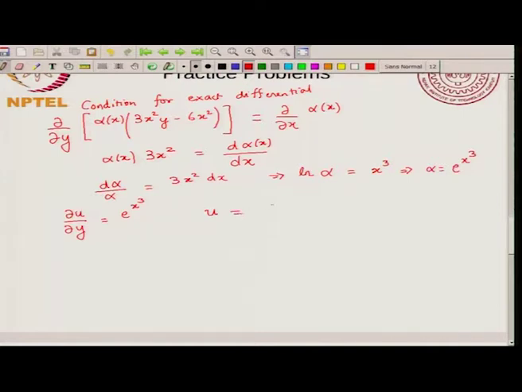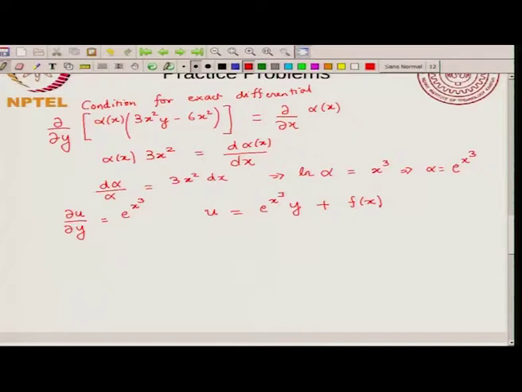So, u can be, if I integrate the right hand side with respect to y, then e raised to x cube is like a constant. So, you will just have e raised to x cube multiplied by y, and you will have a constant of integration, but since you are integrating with respect to y, that constant can be any function of x. Okay. So, this is what you get.